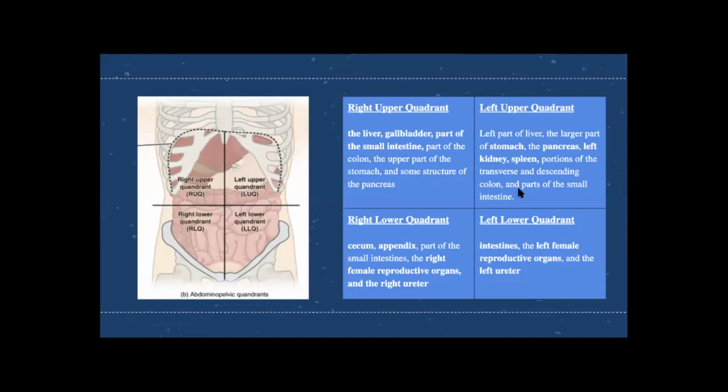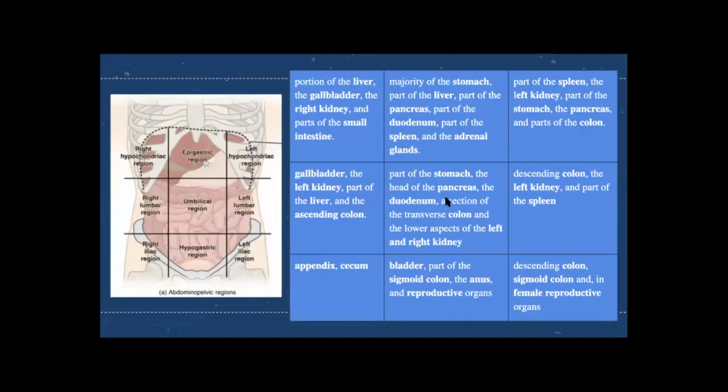Now for the body regions. We have 9 body regions, and take a look at the names. I don't know if you can read all of them clearly, but the right and left parts have the same exact name. Like in the upper row, they're all hypochondriac except the middle, and there's a right hypochondriac region and a left hypochondriac region.